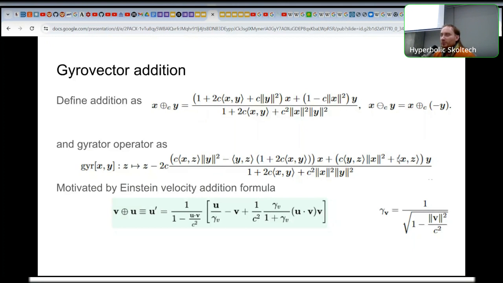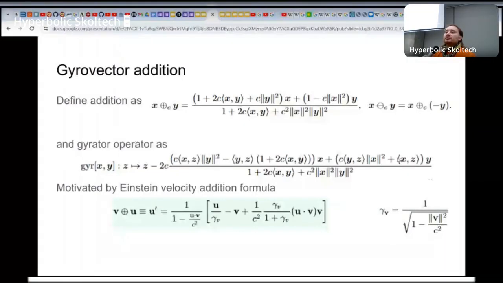Personally, I don't study hyperbolic neural networks, that's why I'm asking. But here, x, y, and z are points from the ball model. Yes, points in the ball.